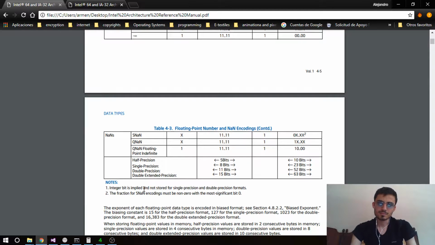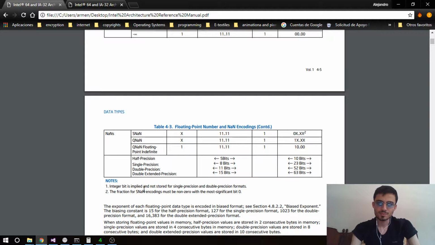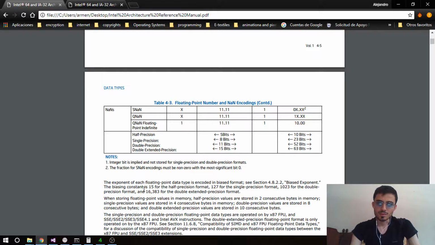And the fraction part has to have the most significant bit set to 0 for SNaNs, and for QNaNs the most significant bit has to be set to 1. And there's another type that's QNaN floating point indefinite, that's basically the same but with all zeros and the most significant bit set to 1 in precision.